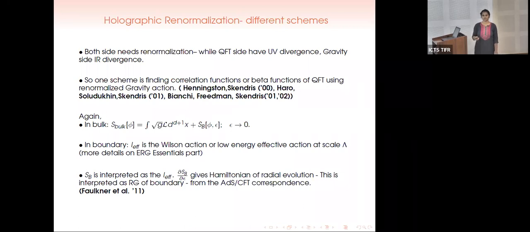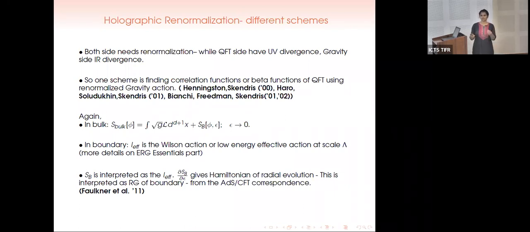A clearer picture of the relation between holographic renormalization and Wilsonian RG is given in the paper by Faulkner, Liu, Rangamani in 2011, where they decompose the bulk action into two parts. One part belongs completely to the bulk, and the other, S_B[phi, epsilon] as epsilon tends to 0, one can see as a boundary action where the boundary is at z equal to epsilon.